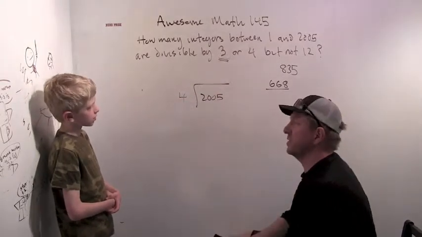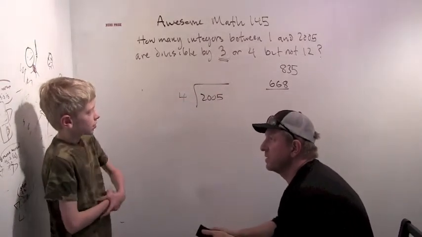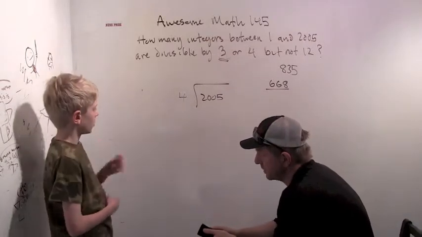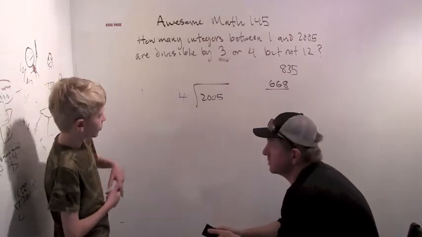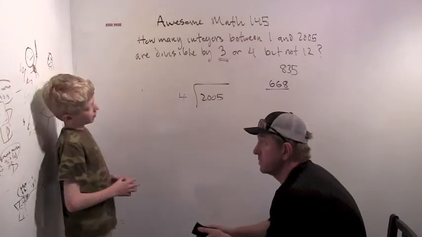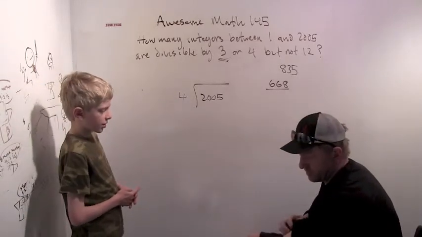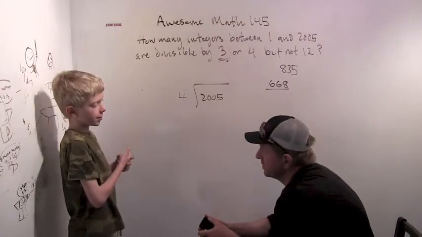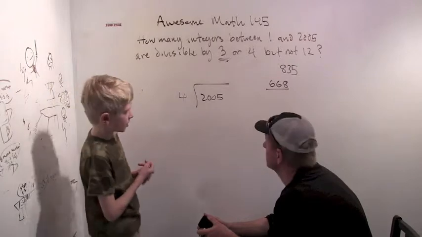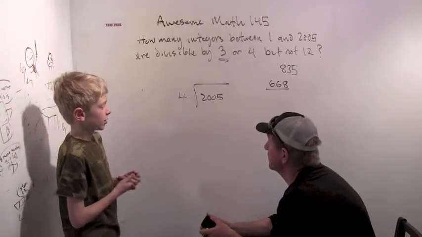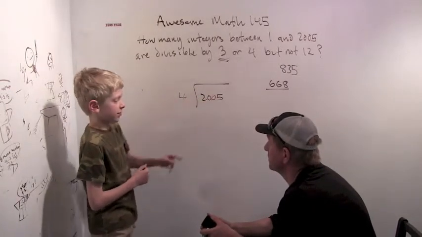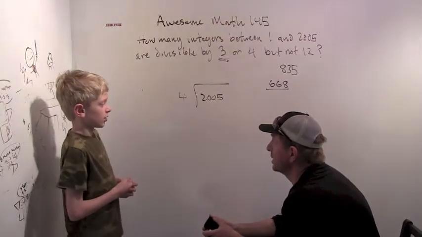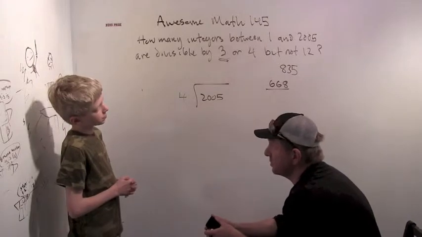Do you see a quick way to figure out what 2005 divided by 4 is? Well, 2000 is divisible by 4. What is 2000 divided by 4? 1000 divided by 4 is 250.